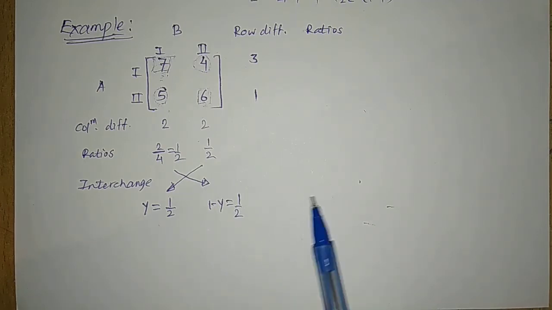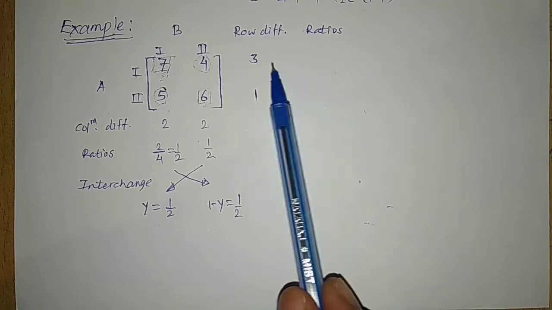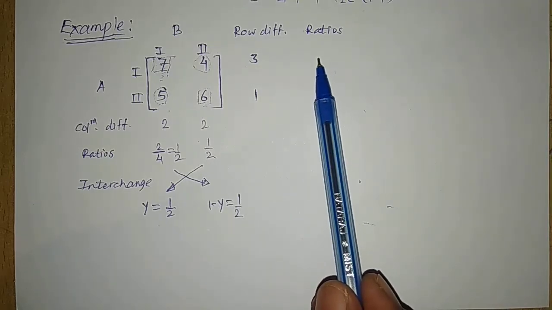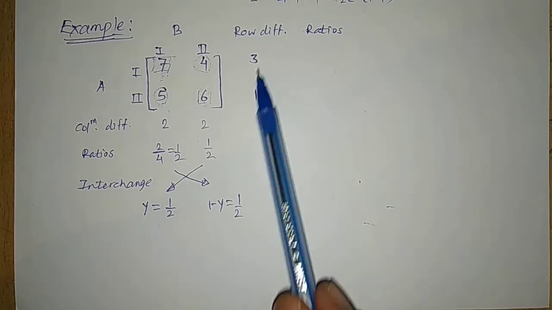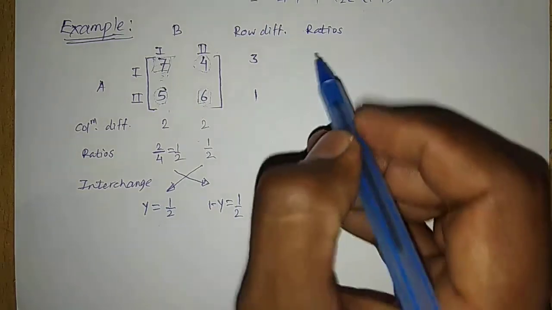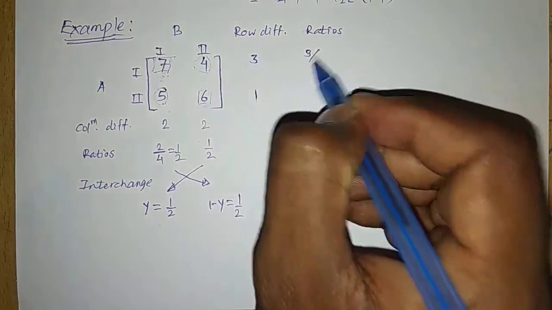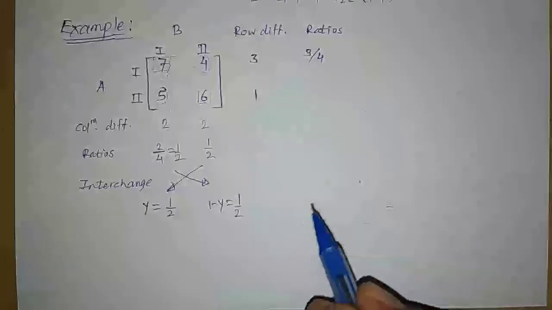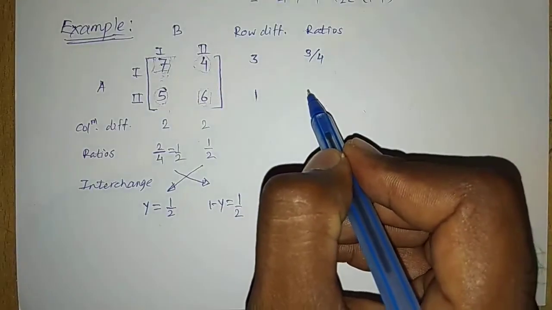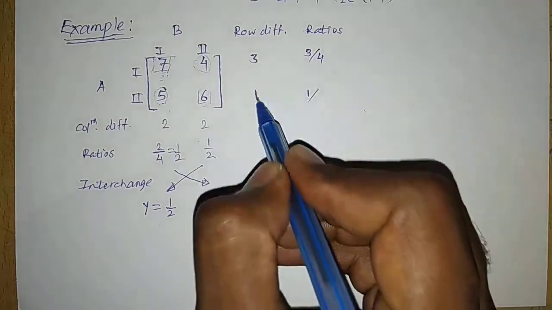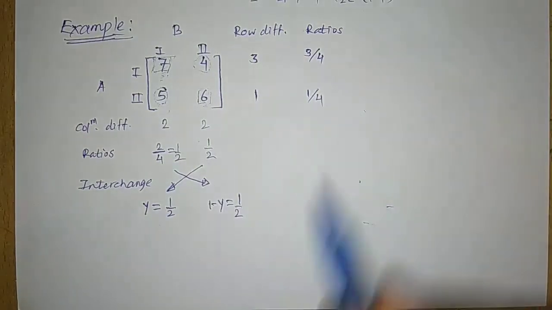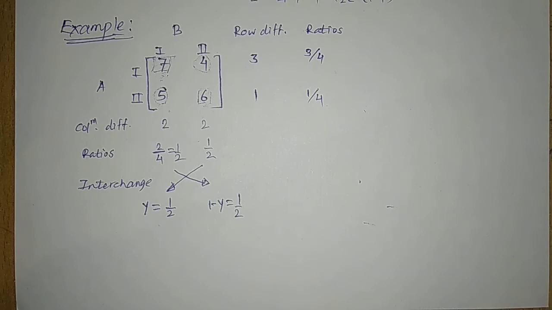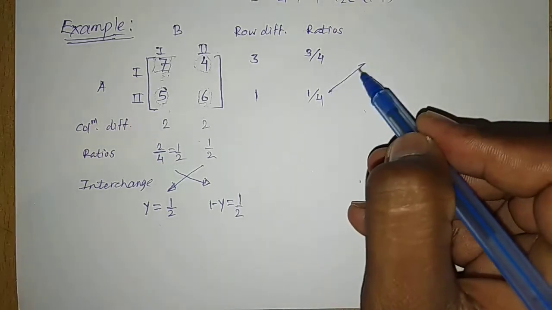Similarly, let us find out the ratios here. The first ratio will be the difference upon the sum of differences. So that is 3 upon the sum of differences, which is 4, and then here it will be 1 upon the sum of these differences, 4. So these are the ratios, and then let us interchange.